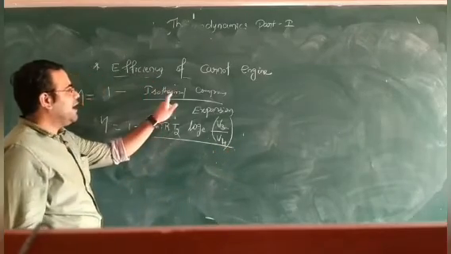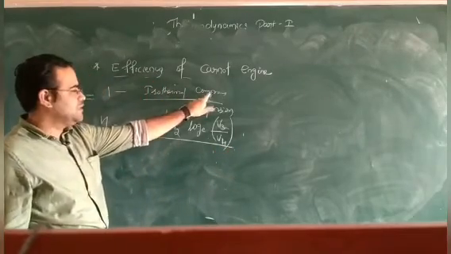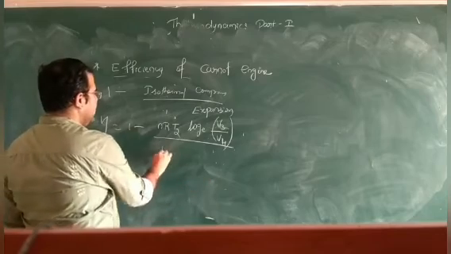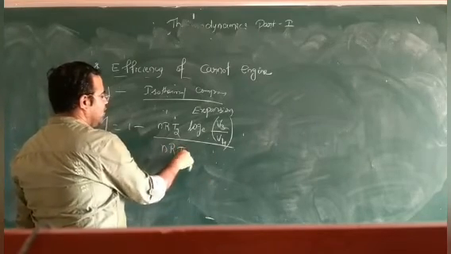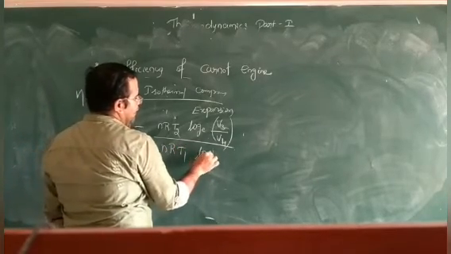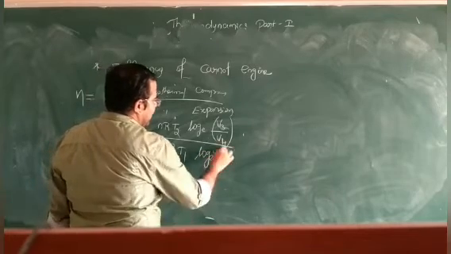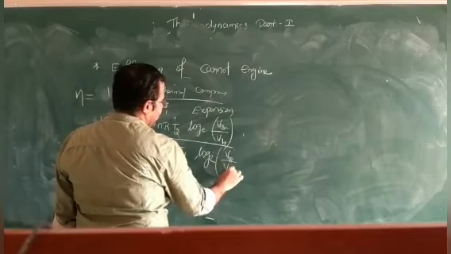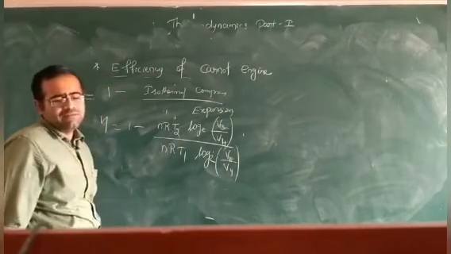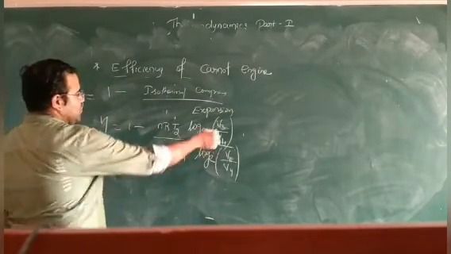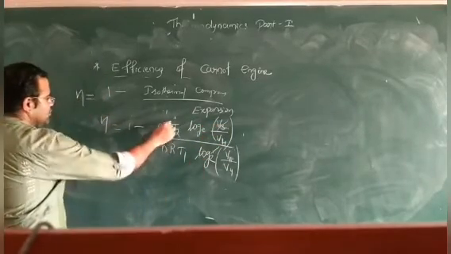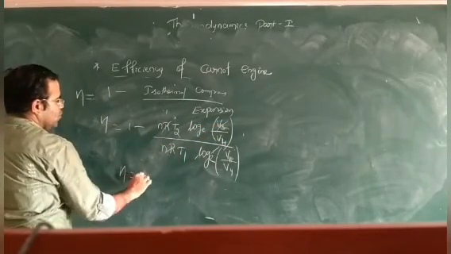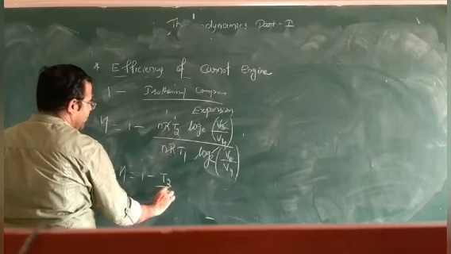So this is the isothermal compression. Thereafter nRT1 log to the base e, V4 or V1 divided by V4. So this is the equation. When we observe finally, these two will get cancelled here. So after cancellation, eta is equal to 1 minus T2 divided by T1.